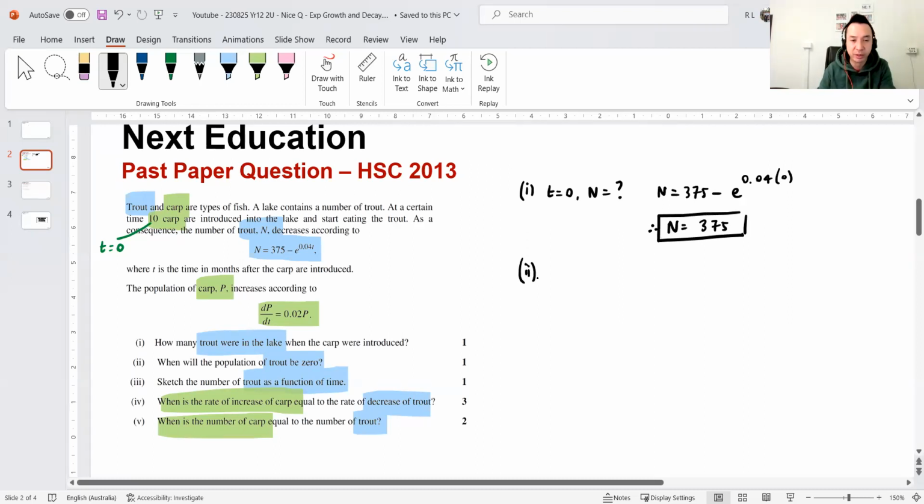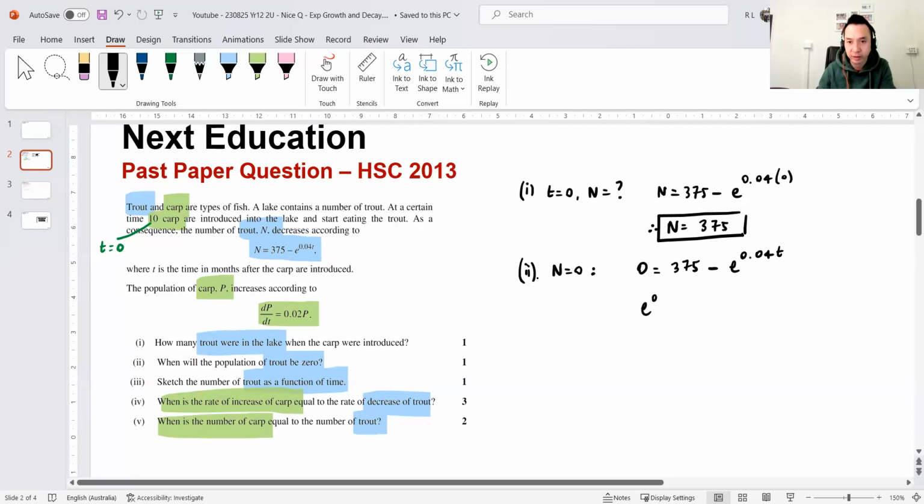When will the population of trout be 0? So when N equals 0, 0 equals 375 minus e to the power of 0.04t. Once again, pretty straightforward exponential equation.